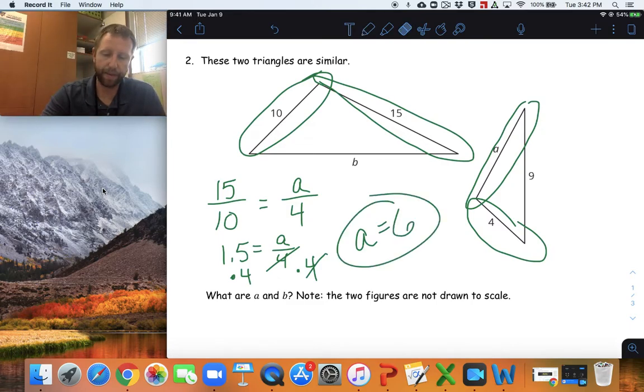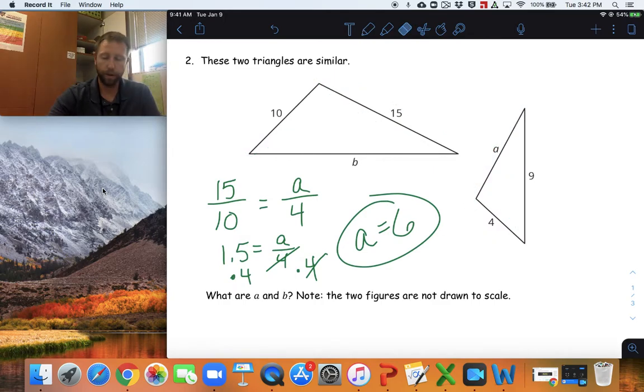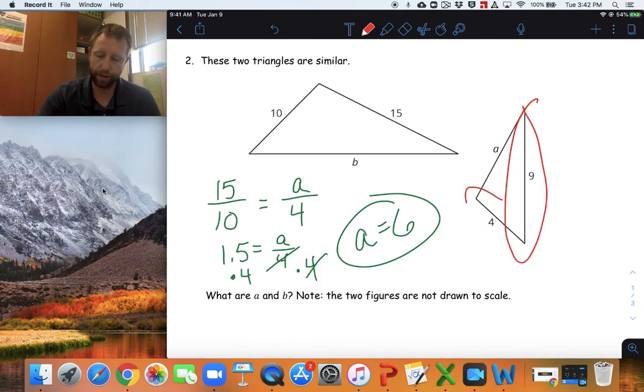I can set up a similar ratio to find out what the value of B is going to be. All right, I can see here, I do know two measurements for the smaller triangle. I'll do this one in a different color so it's not confusing. I do know the longest side is 9, and I know the short side is 4.